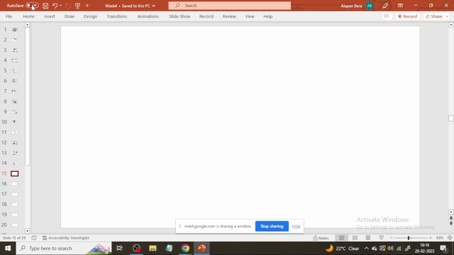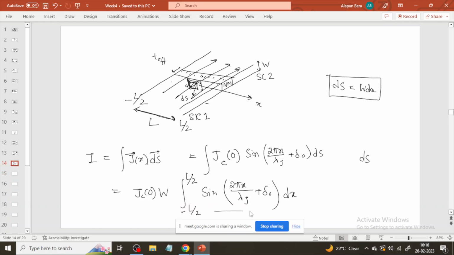To integrate this, it will be beneficial to write this sine term as the real part of an exponential i term. As we know already, sin x can be written as the real part of e to the power ix, or minus ix actually.